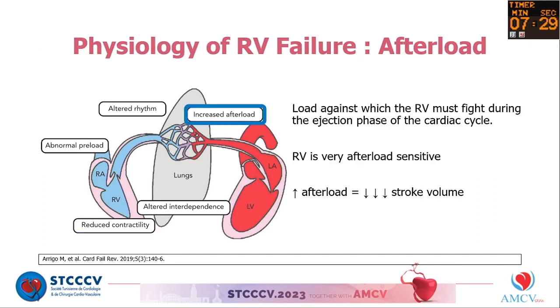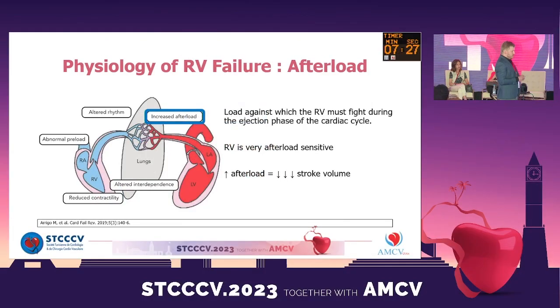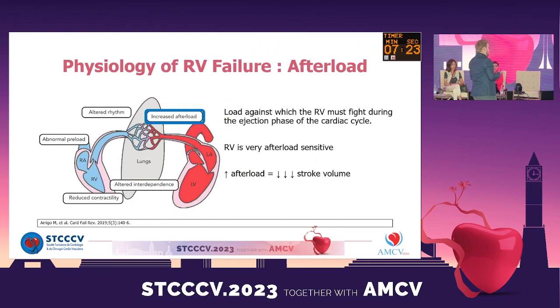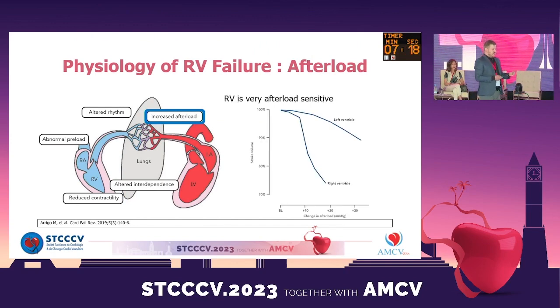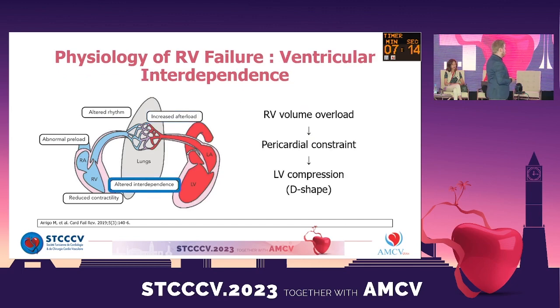Also, for the afterload, in pulmonary hypertension for example, we need to know that the RV is very afterload sensitive. Just a slight increase in afterload results in a dramatic decrease of the stroke volume.